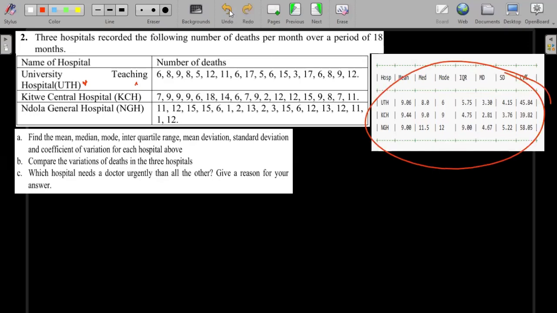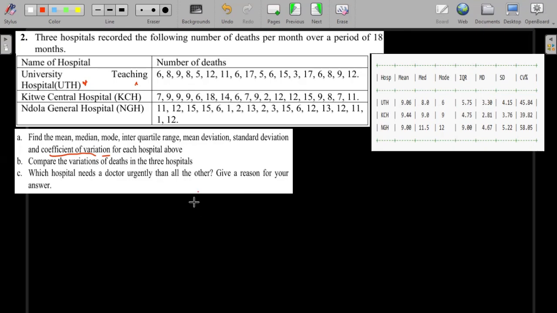Based on the data that we have, we can compare the variations of deaths in the 3 hospitals. The one with the highest coefficient of variation will tell us that a lot of deaths were taking place in that hospital. Then part C asks which hospital needs a doctor urgently of the 3 hospitals, and to give your reason for your answer.